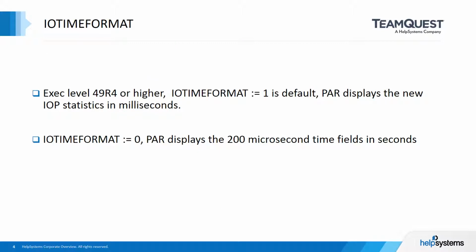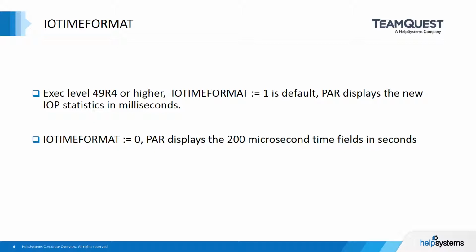With exec level 49R4 for SCSI disk, there are two different time format statistics captured in SCSI and IOTRACE files: the existing 200 microseconds time and the new IOP generated times in microseconds. TeamQuest PAR defaults to use the new IOP generated statistics if they are available.